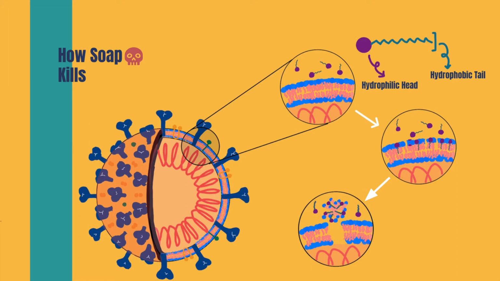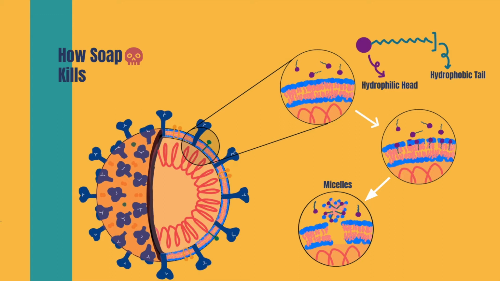When the soap molecules meet the phospholipid molecules, they form a compound called micelles. Micelles are spherical compounds that consist of soap molecules and phospholipid molecules. These form due to the attraction between the hydrocarbon tails of a soap molecule and a phospholipid molecule.